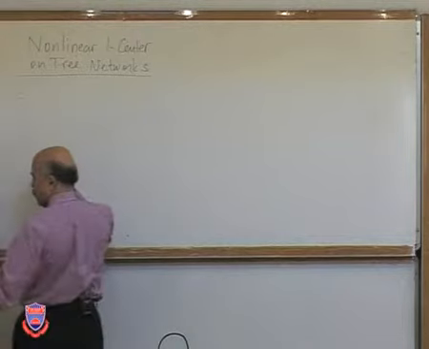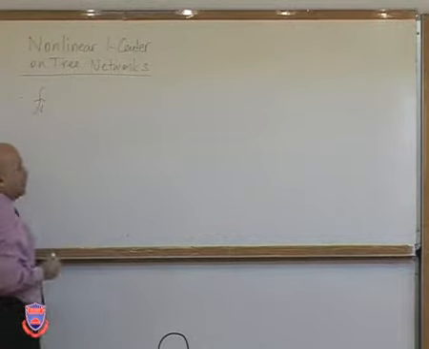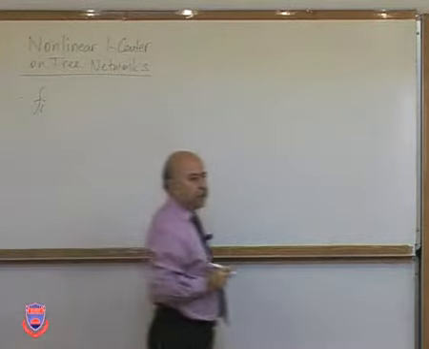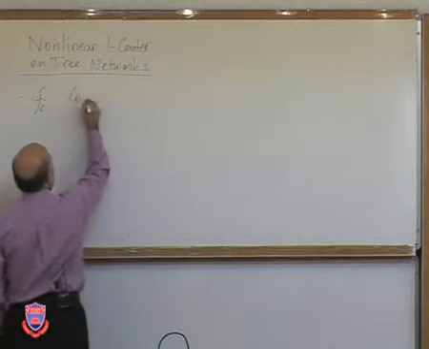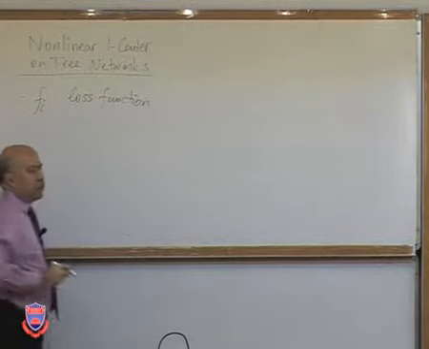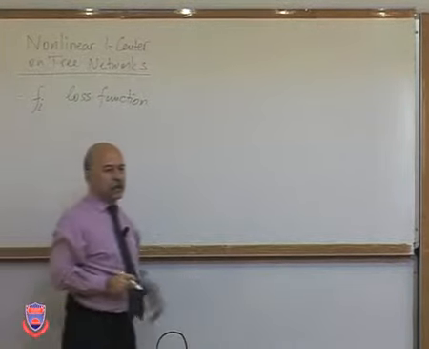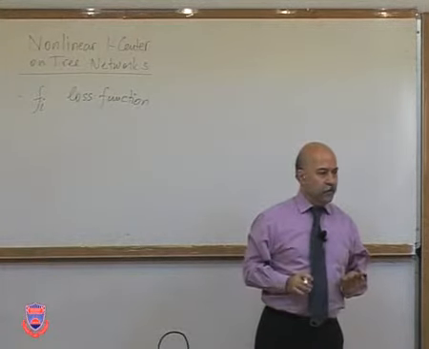So what we assume here is that associated with vertex Vi, we assume there's a loss function. And this is a function of the distance between wherever the center is and vertex Vi.